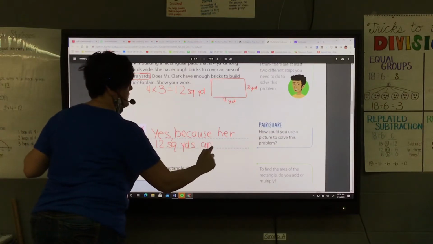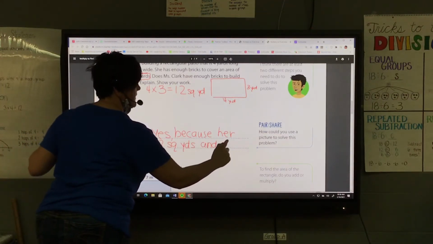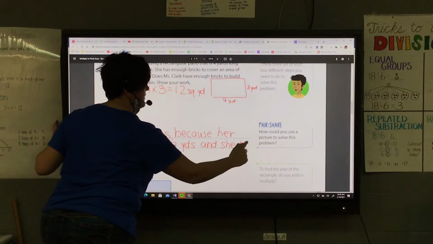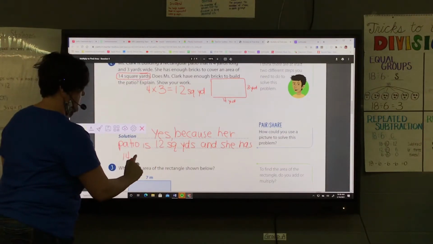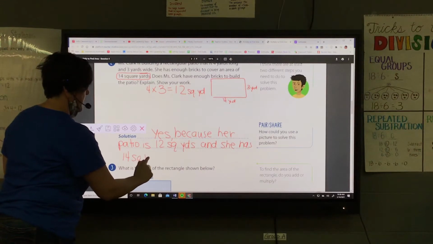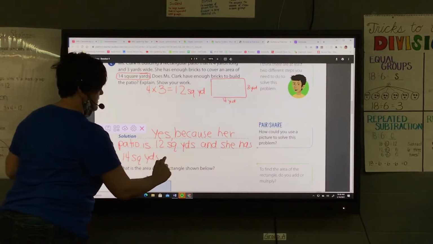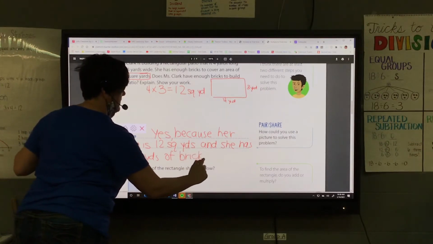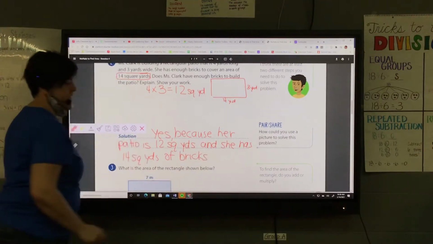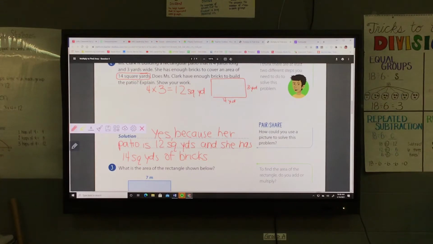And she has enough bricks. And she has, I'll just say she has 14 square yards of bricks. So we already said, she's going to have leftovers, yes or no? Yes.